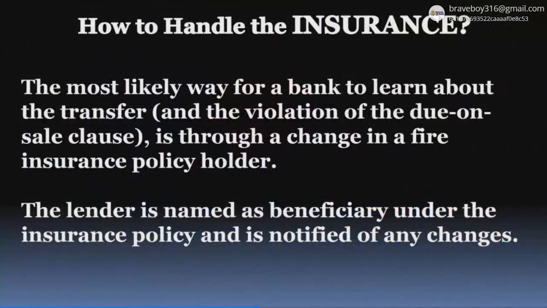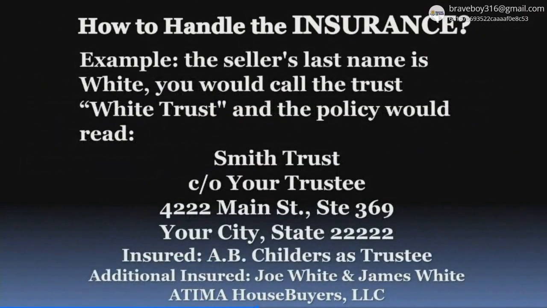So you want to make sure that the insurance declaration is reflective of the trust. And then we're going to name those additional insureds as their interests may appear in the manner that they're supposed to be added. So basically, this is what your insurance declaration would look like in short. This is what you're giving to your insurance company or your insurance agent.